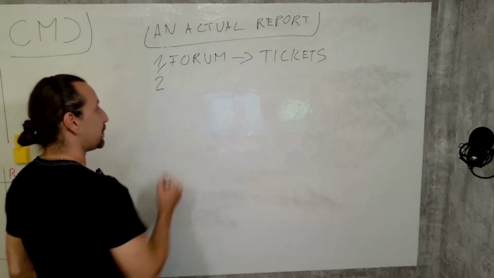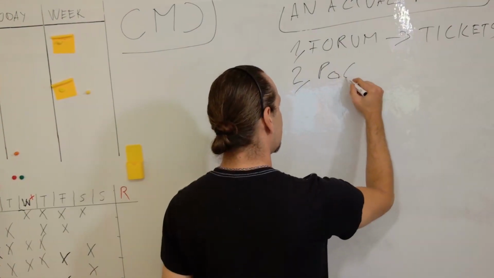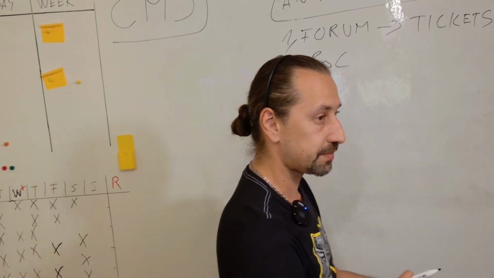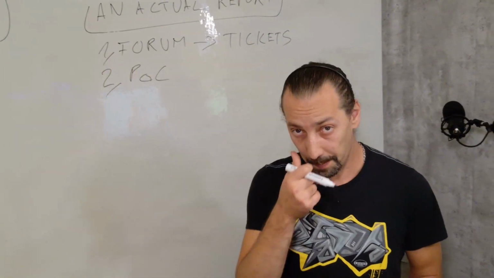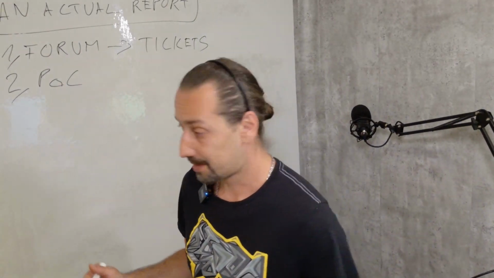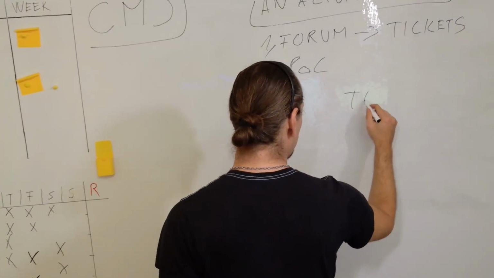The second step should be, you should be able to create a proof of concept. Why is this crucial? Because if you don't have the necessary skills to reproduce an issue, you cannot create the proof of concept script, a code, then you cannot write tests.